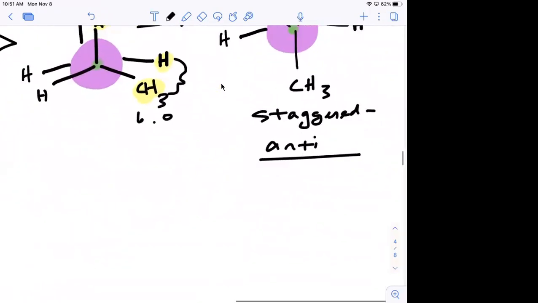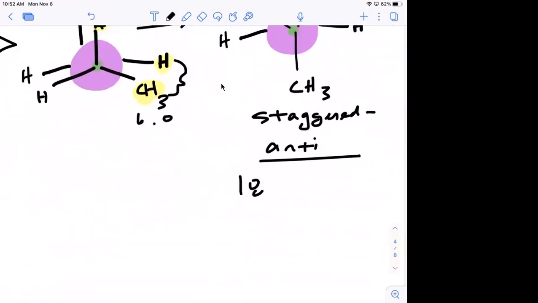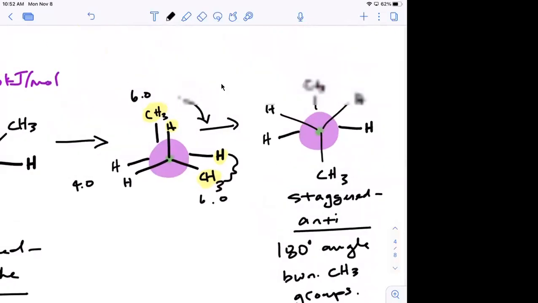Right, and what that means is that there's a 180-degree angle between your methyl groups. And you can see that here. They are 180 degrees apart from one another. That's the most stable.